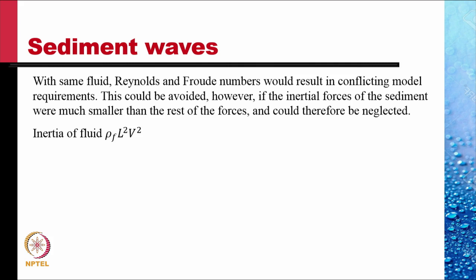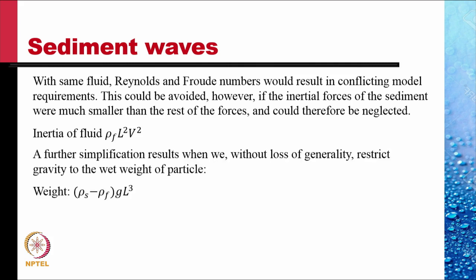This could be avoided, however, if the inertial force of the sediments were much smaller than the rest of the forces and therefore could be neglected. Inertia of the fluid is rho f L squared V squared. A further simplification results when, without loss of generality, we restrict the gravity to the wet weight of the particle.